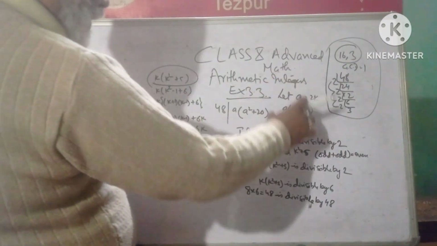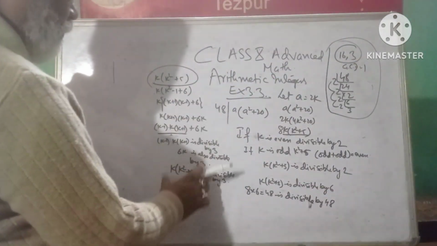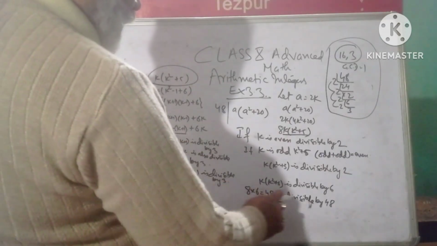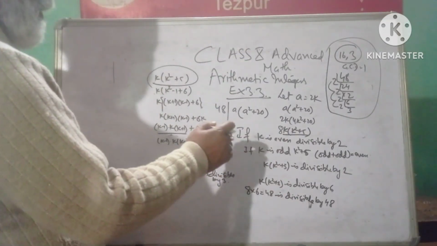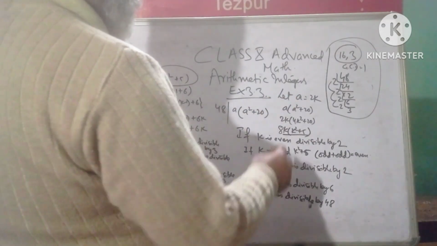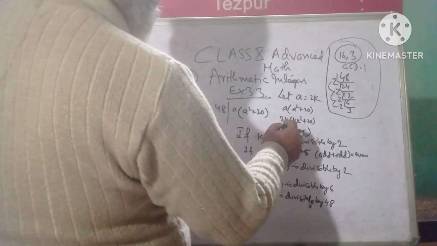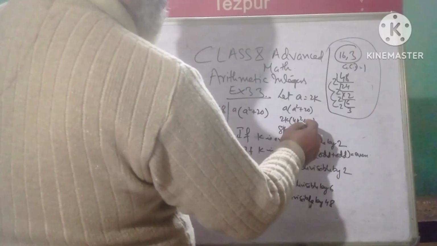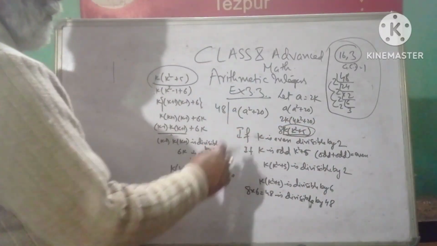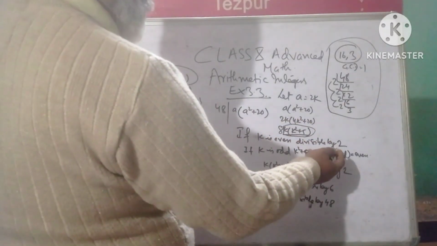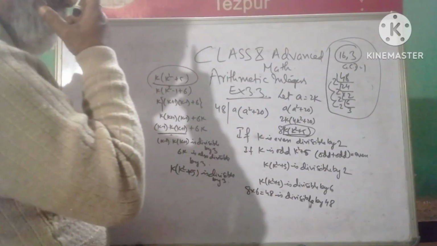You move like this, and then you move like this, and at the final you write this result. You take a is equal to 2k, so you place the value of a, and you get this. Now you consider this part only. If your k is even, then it is clear it is divisible by 2.